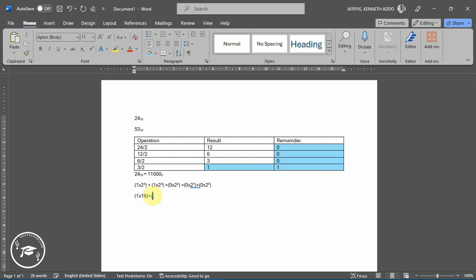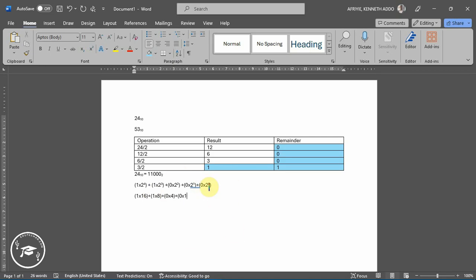So we have 1 times 16 plus 1 times 8 plus 0 times 4 plus 0 times 2 to the power 0. Any number raised to the power 0 is what? 1.